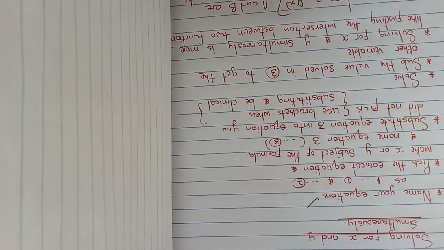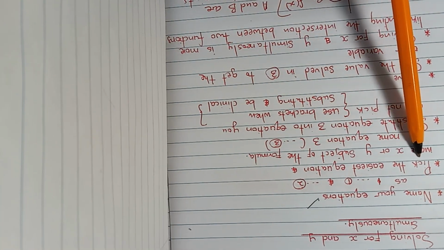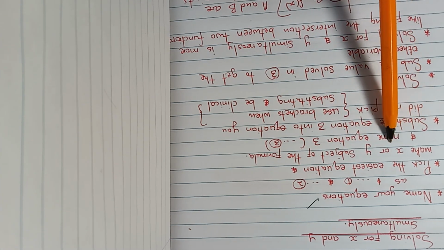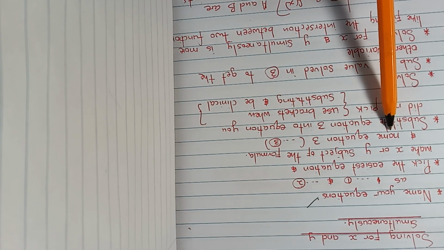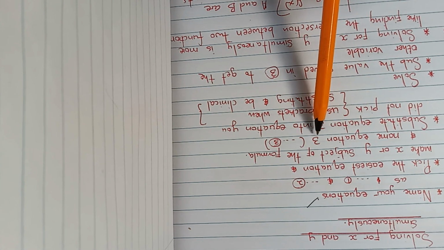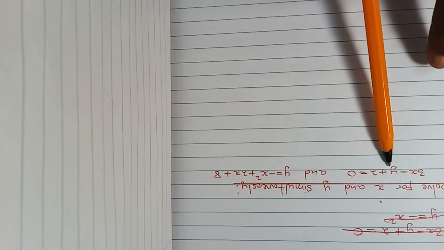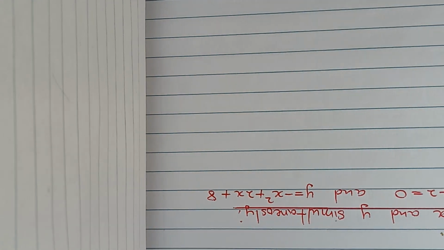Now, the second point, you are going to pick the easiest equation and make x or y subject of the formula, and name that equation 3. So from your equations, as you look at them, you are going to pick the easiest.